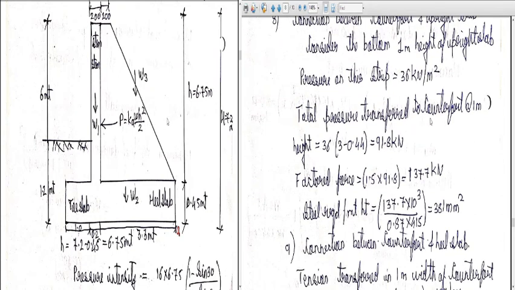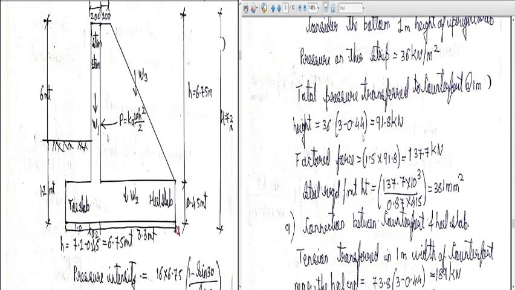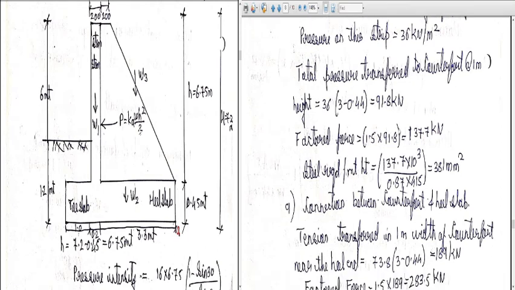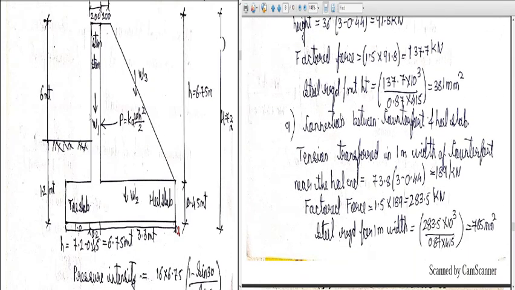Total pressure transferred to the counterfort at 1 meter height is 91.8 kilonewton. So the factored force is 1.5 into 91.8, which works out to be 137.7 kilonewton. Steel required per meter height is 137.7 into 10³ Newton divided by 0.87 fy, so 0.87 into 415, which is 381 mm square.